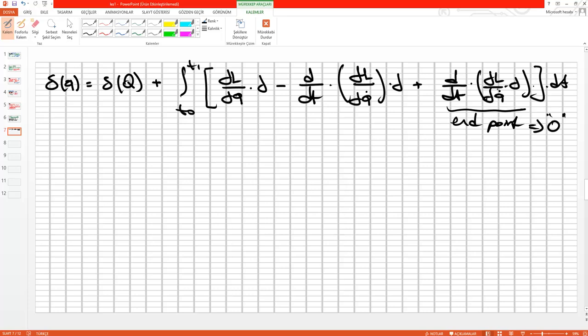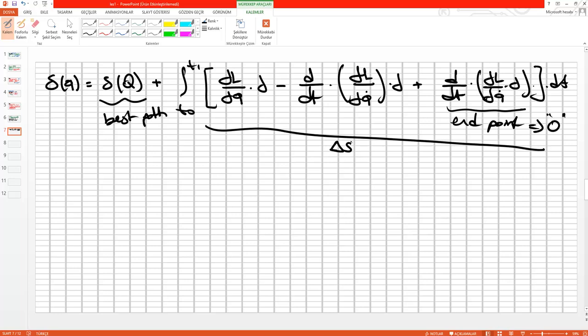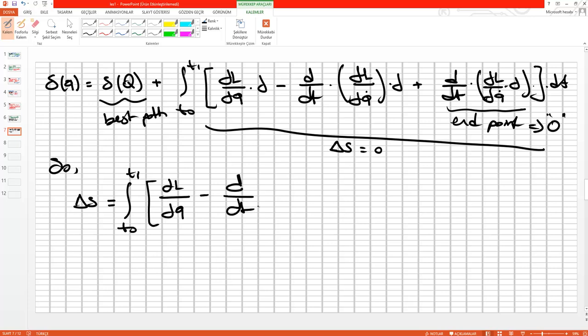It's the basics of the calculus, and then we can say that this is the best path and this is the delta path, delta s, and so this could be equal to what? 0. And so we have this formulation in here like this one. Delta s is equal to what? The integral from T0 to T1 of dL/dq minus d/dt dL/dq dot times delta dt.